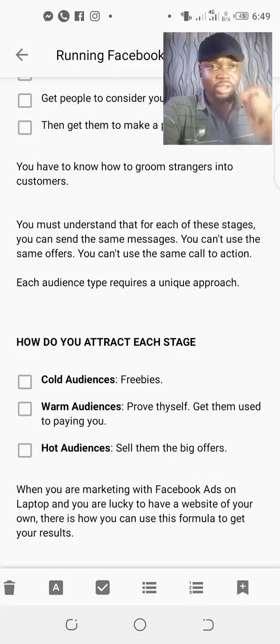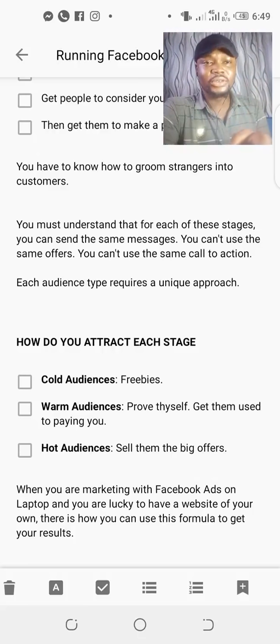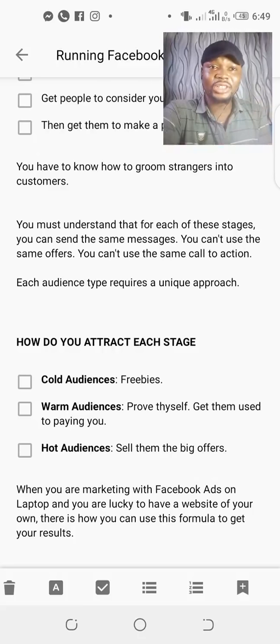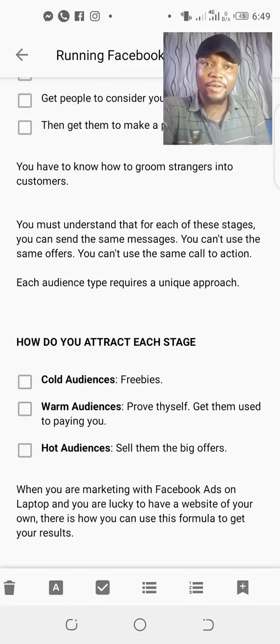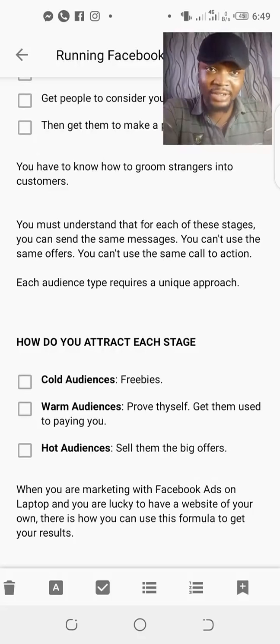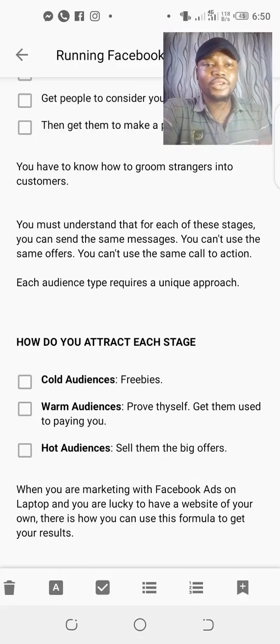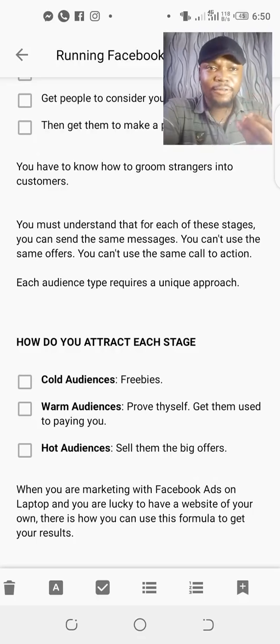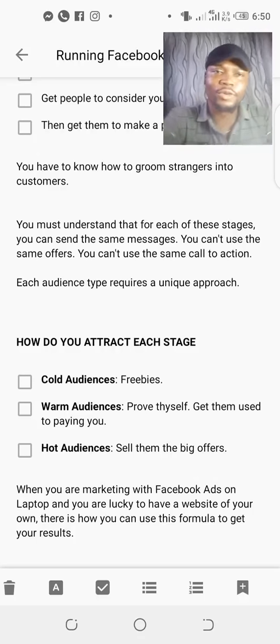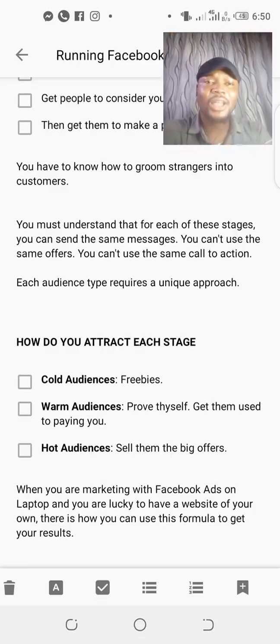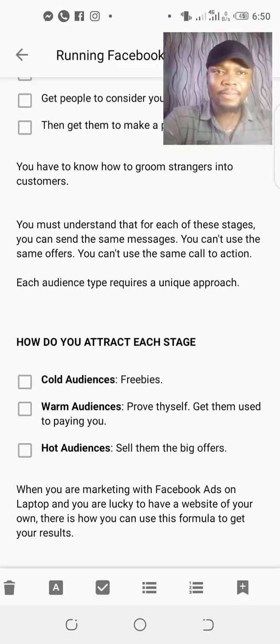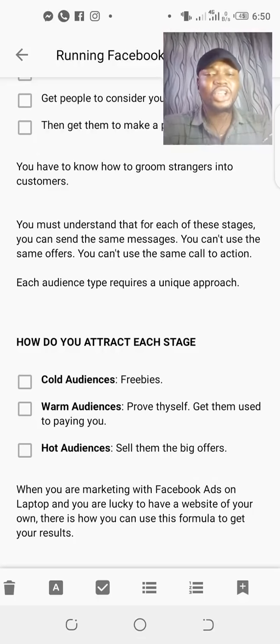Make sure you're targeting your target audience, because if you're targeting people who are not interested in what you sell, no matter how free it is, they will not consider it. So your ideal customers, you are targeting them with free stuff. Look for something you can do for free and advertise it. This will help bring them together to notice you and hear you out.